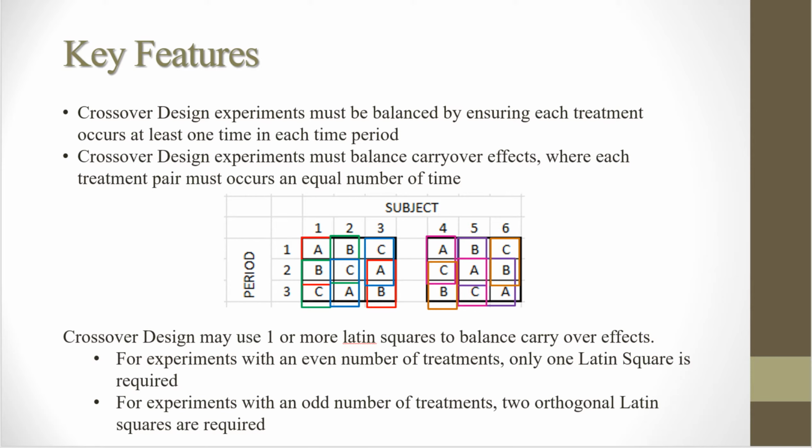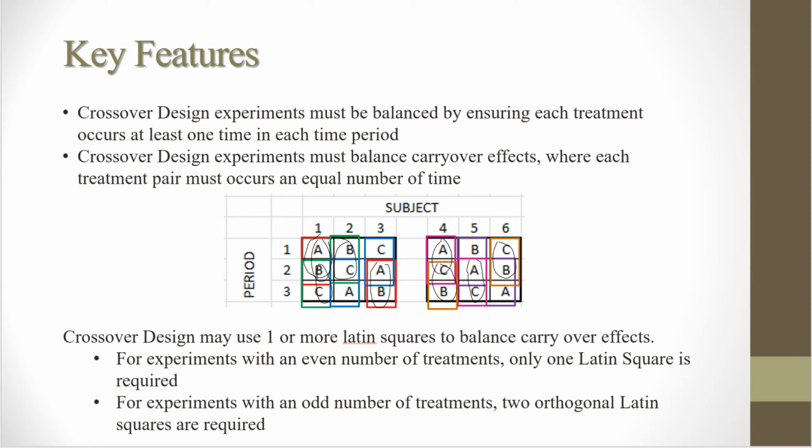I'm just going to briefly illustrate that: you can see that treatment A, then treatment B happens, treatment A, then C once, treatment A, then C twice, treatment C, then B once, treatment C, then B twice. And you can see that every pairwise comparison occurs exactly twice. So that's what I mean by balanced for carryover effects. Every pairwise set of treatments occurs the same number of times throughout the experiment.